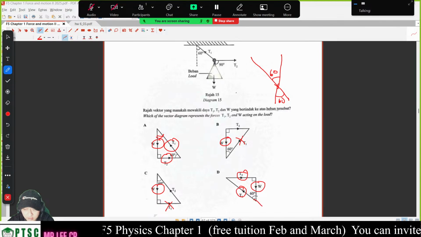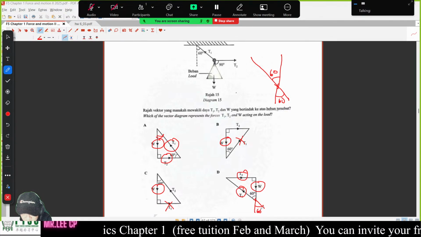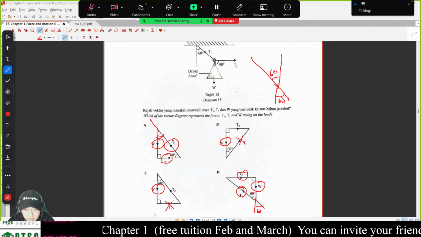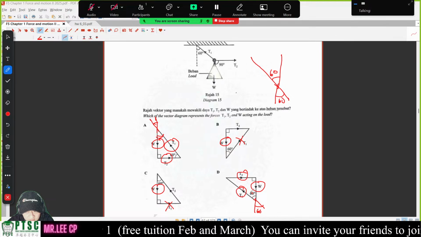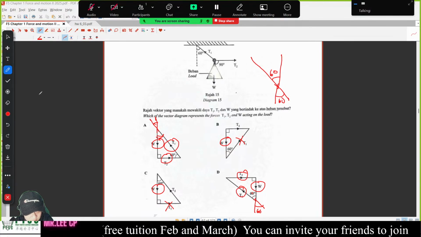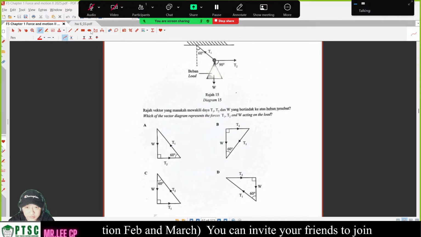So this angle should be 60. So this one is correct. This one is wrong. You need to know, if all the directions are the same, you have to see the angle.